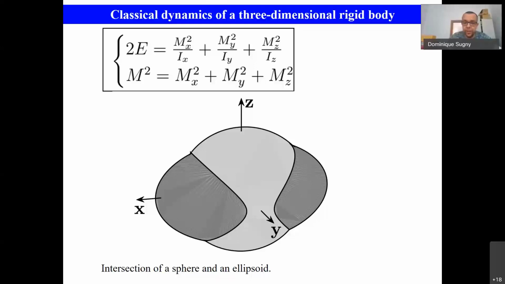So here we have the trajectory which corresponds to this intersection and to this line.